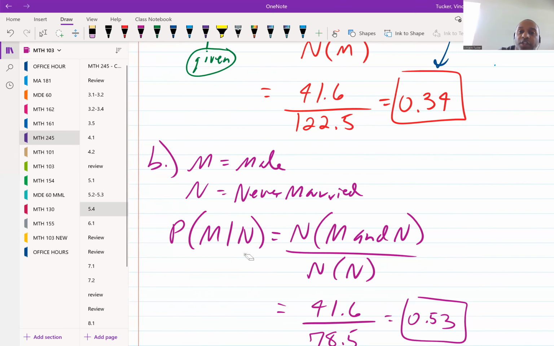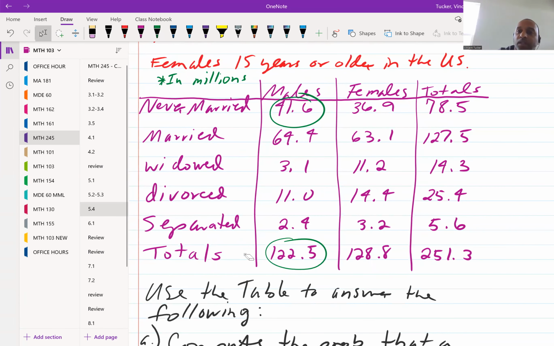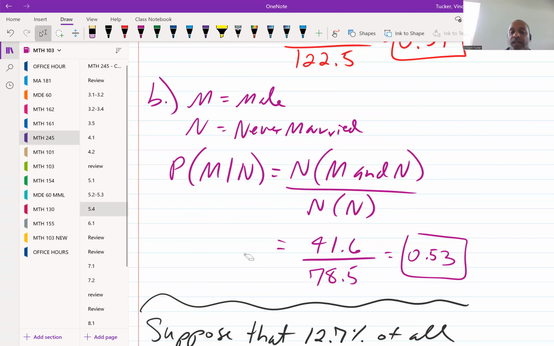So we look for the number of people that are never married. And that's right here, 78.5. So that's 41.6 over 78.5, and that'll be 0.53.